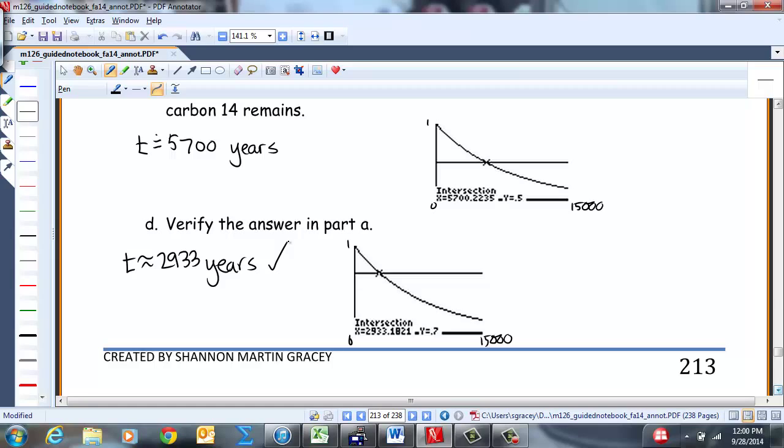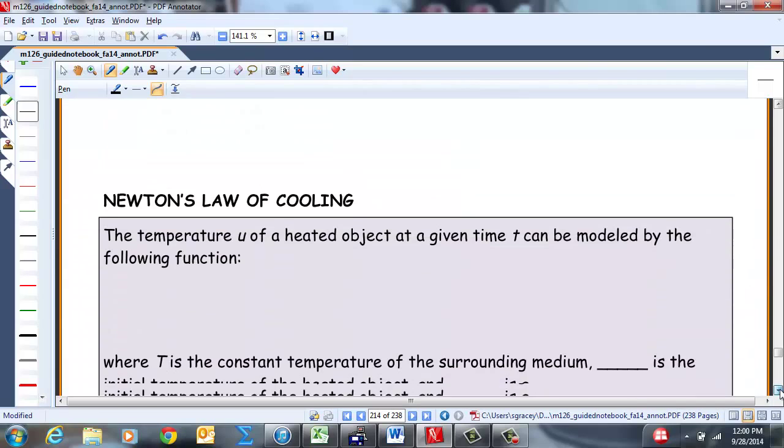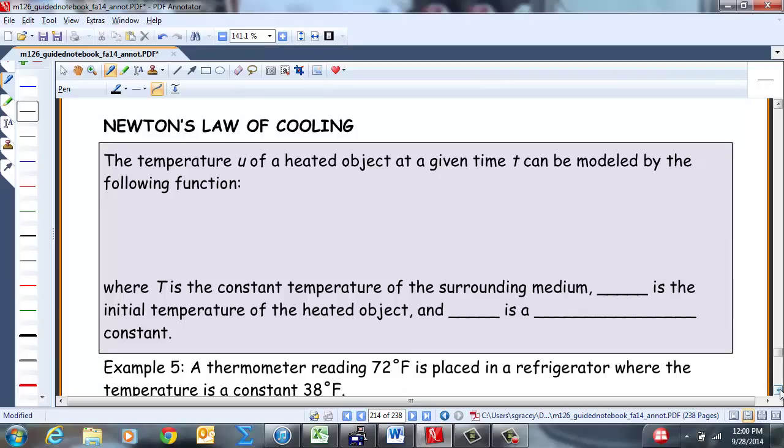Okay. So let's move on to our next one. Next up is Newton's law of cooling. So this is pretty cool. For Newton's law of cooling, the temperature U of a heated object at a given time t can be modeled by this function.